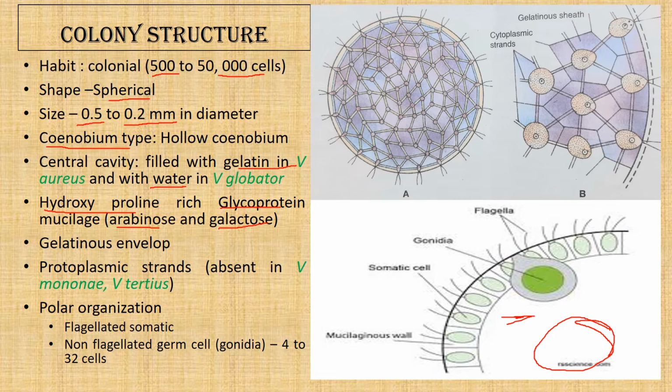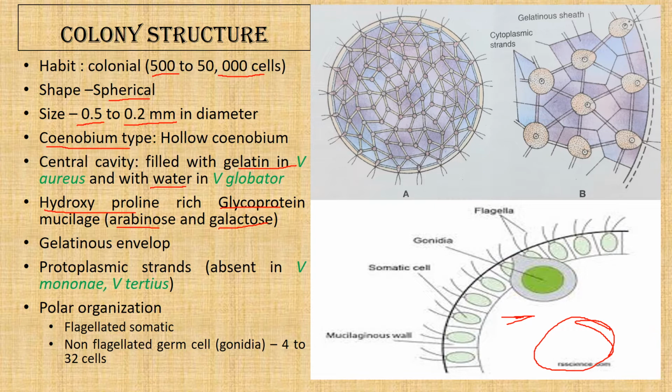And unlike other volvocine algae like Pandorina and Eudorina, Volvox just has a gelatinous outer layer. It does not have a thick differentiated envelope.